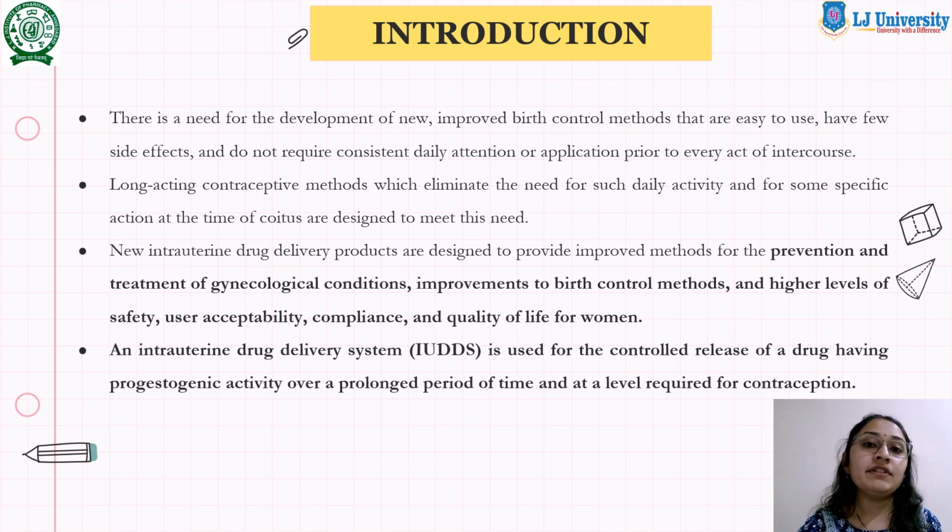Why I am not using progesterogenic activity, I will explain in the later slides. Okay, so the definition is that an intrauterine drug delivery system can be used for delivering the medicine in a controlled pattern. It has contraceptive activity, and it can show this contraceptive action for a prolonged period of time, and thus it is required as a method of choice for contraception.